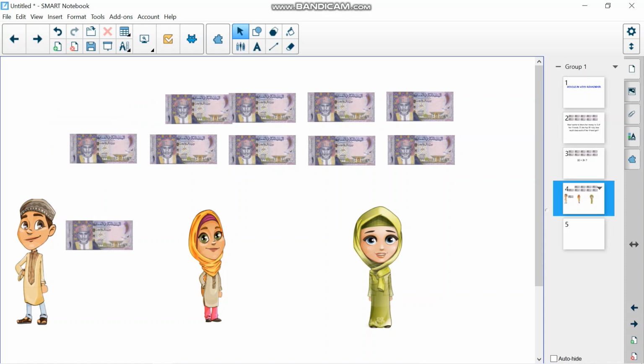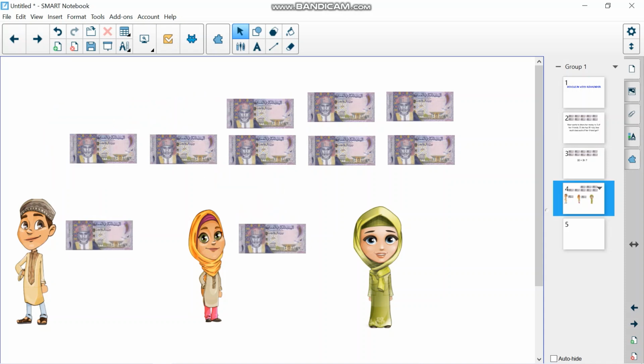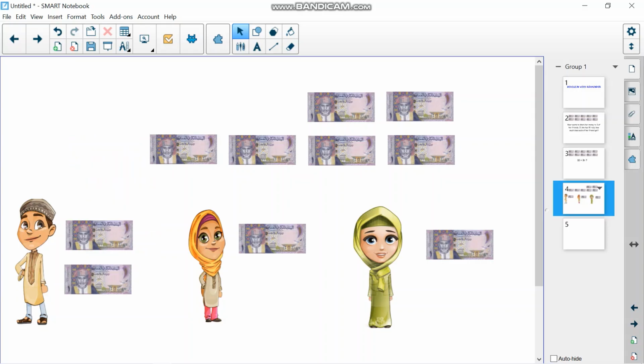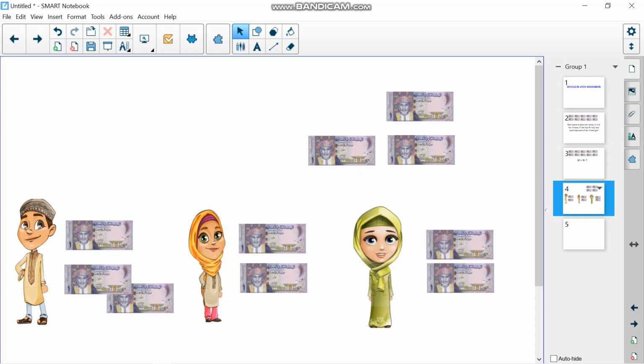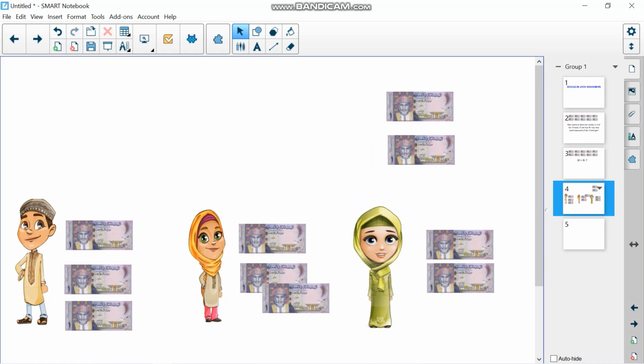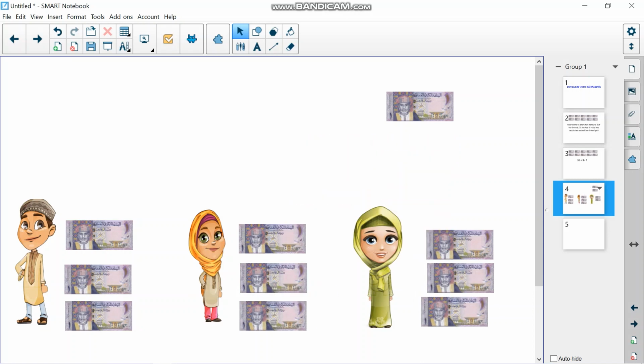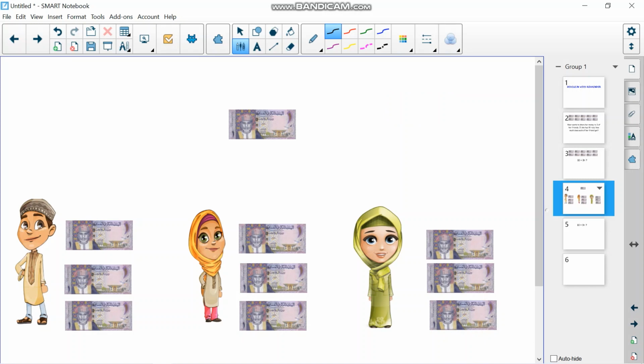So 1, so we have equally given the money to Noor's friends, but there is 1 real left. This leftover is what we call remainder.